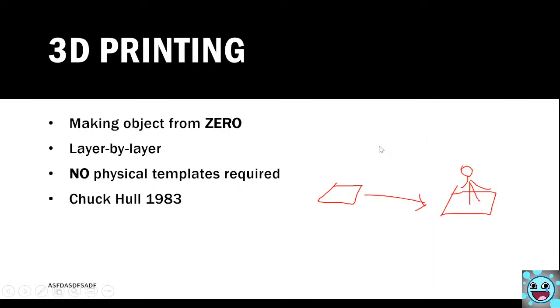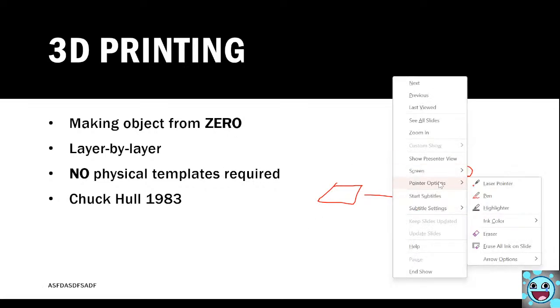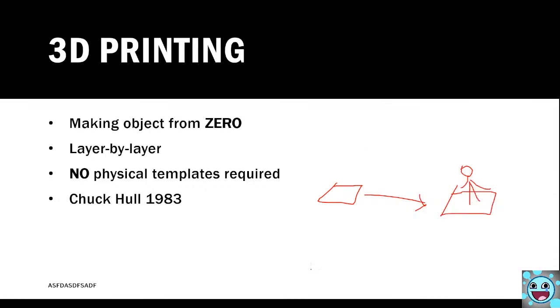How can it be done? It is done on a layer by layer basis. You first build this stack of material, and then you move up one layer, and so on until the desired object has been created.